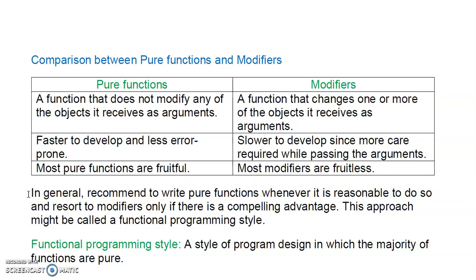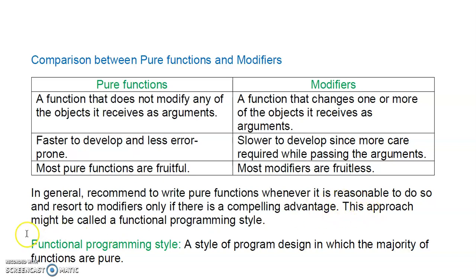So in general, what is recommended? Either we use a pure function or a modifier, which is better for good programming? In general, it is recommended to write pure functions whenever it is reasonable to do so, and resort to modifiers only if there is a compelling advantage. Until and unless you find something more advantageous over pure functions by using modifiers, we try to implement everything with pure functions.